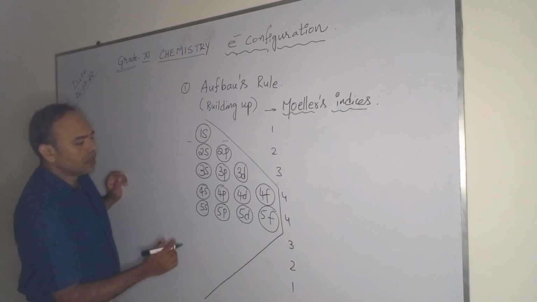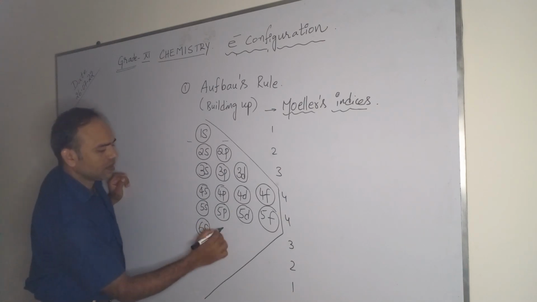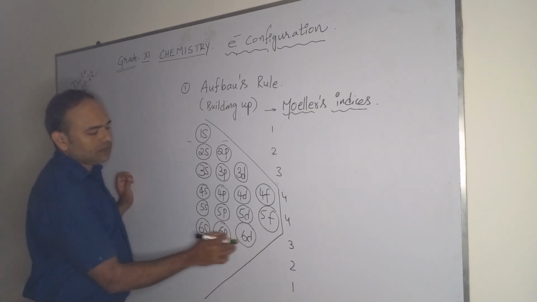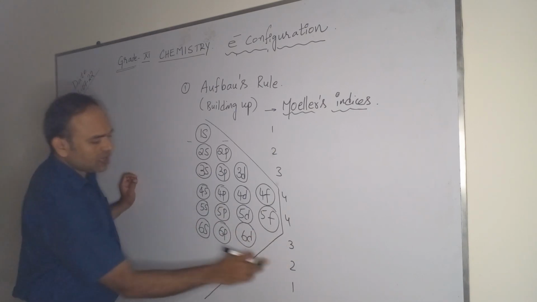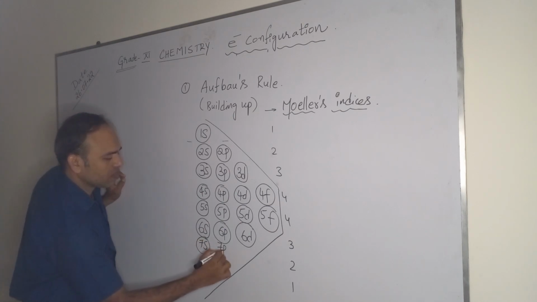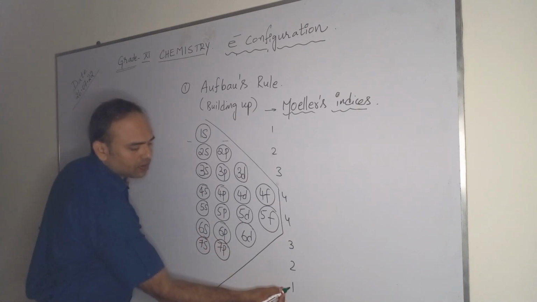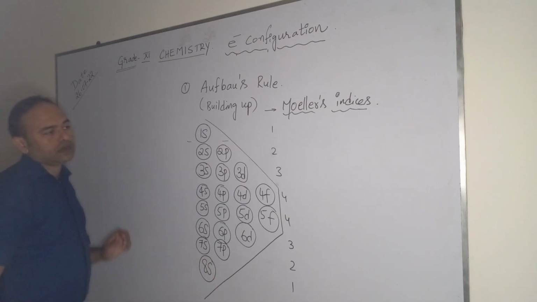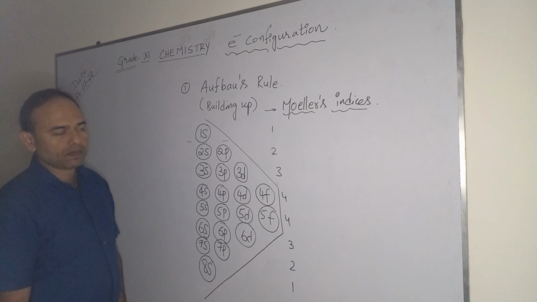So going down, 6s, 6p, 6d. So 3 orbitals I have written. Next 2 orbitals, 7s, 7p. The last one, only one, that is the 8s orbital. Hope you have understood this.